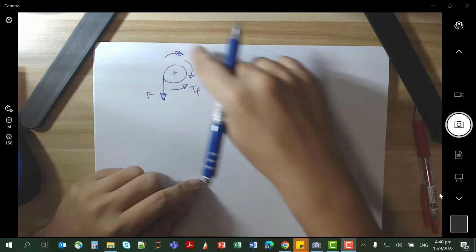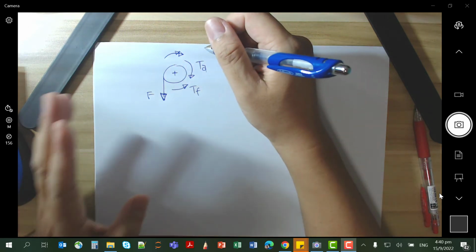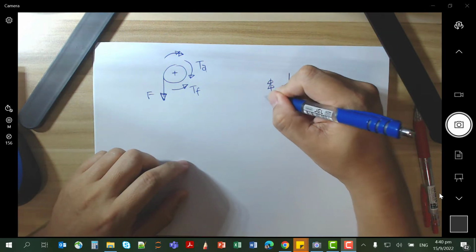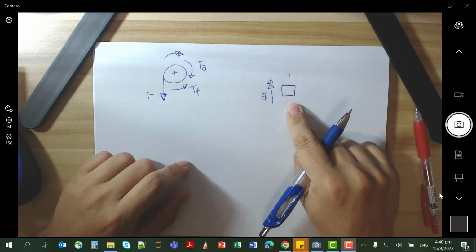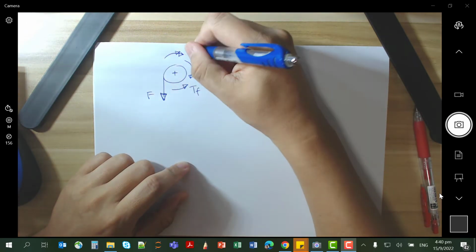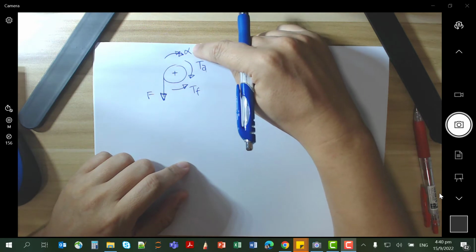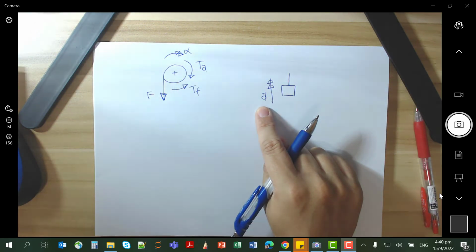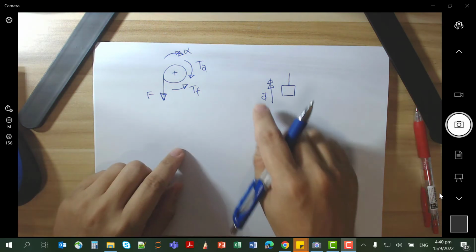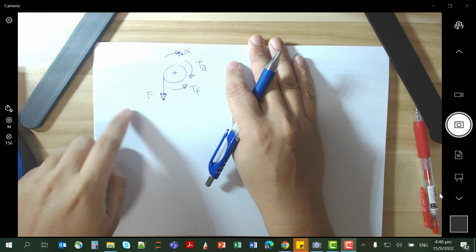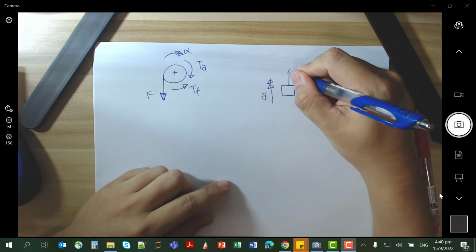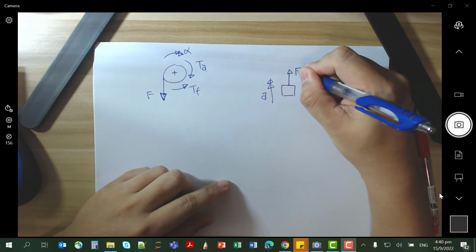There's going to be acceleration, but this time it's an angular acceleration. I cannot write a because a belongs to this object, so something related here will be alpha, angular acceleration. These two are going to be related. Later I will show you. So this is your free body diagram for the rotating part. For the linear part, you have the same tension here, F.